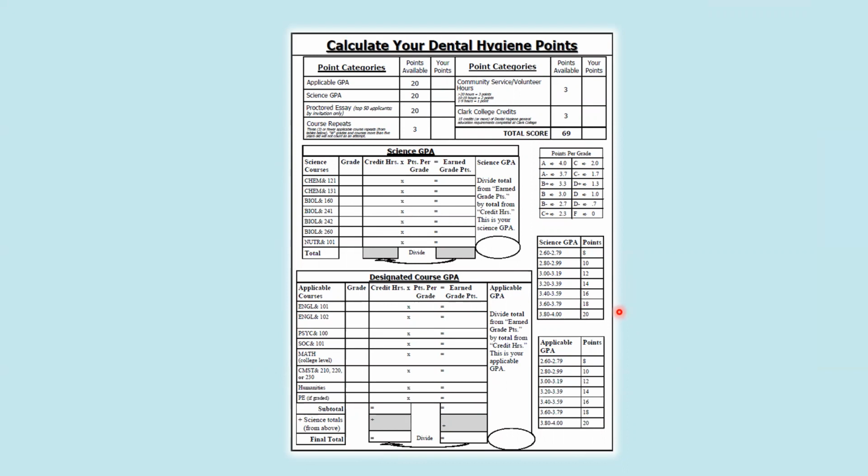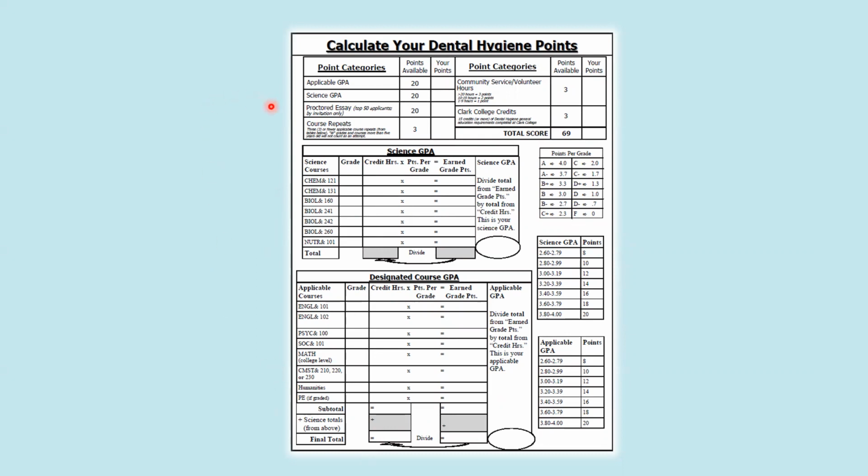This does mean that your science grades impact you twice, because your science GPA is worth 20 points in and of itself. However, all science prerequisites also factor into the applicable designated GPA. This means that your science course grades will be considered twice in the calculations, additionally highlighting their level of importance.